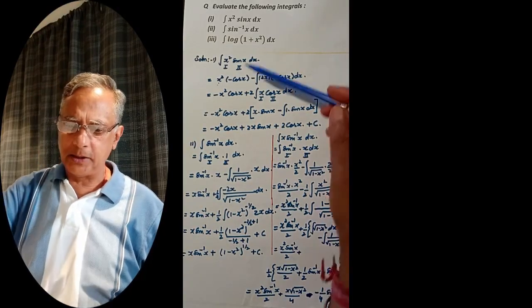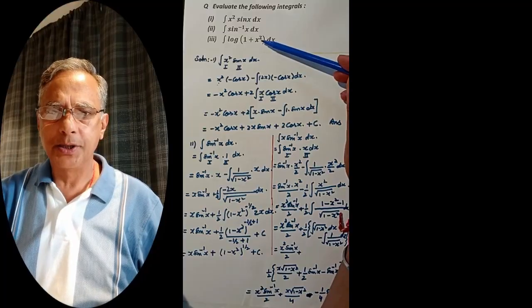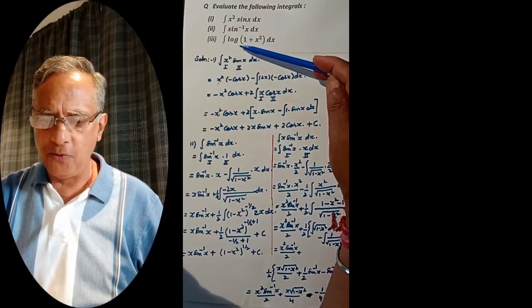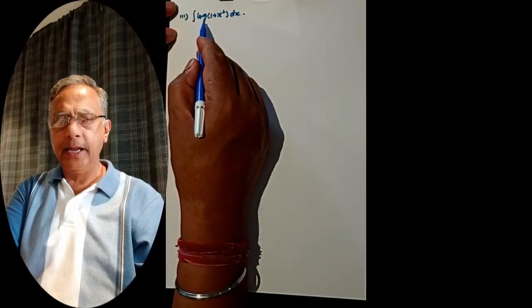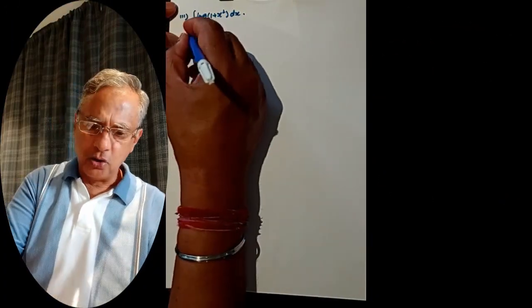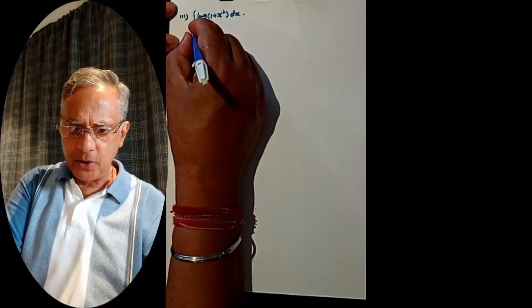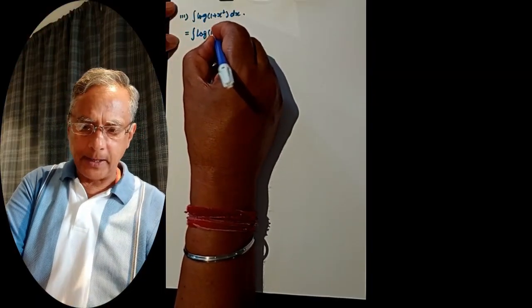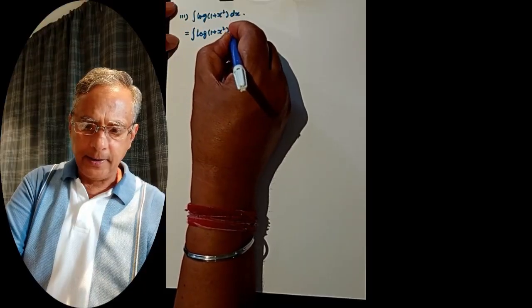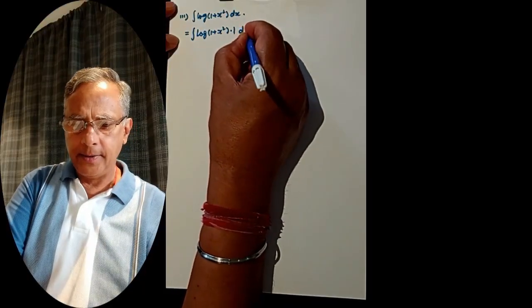Now I take up the third part of this question, that is integral of log 1 plus x square dx. Now this is again an exceptional case, so we will write this as integral log of 1 plus x square into 1 dx.